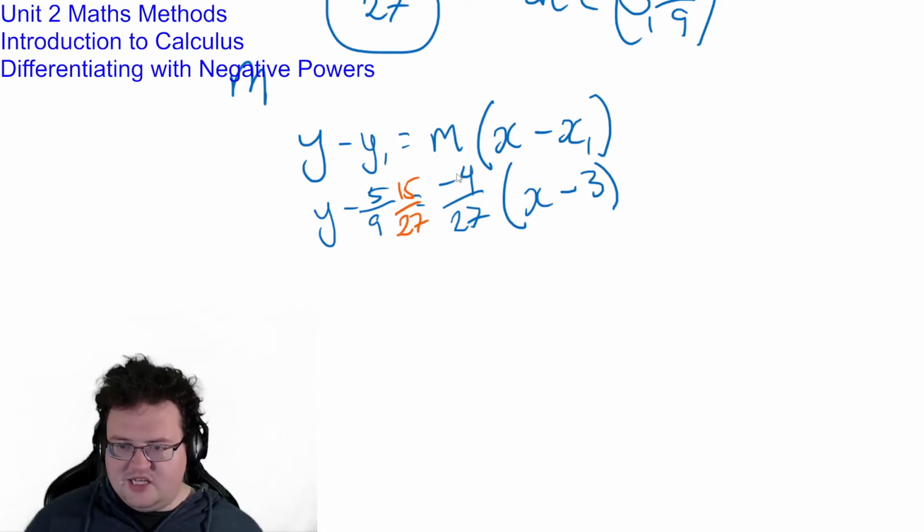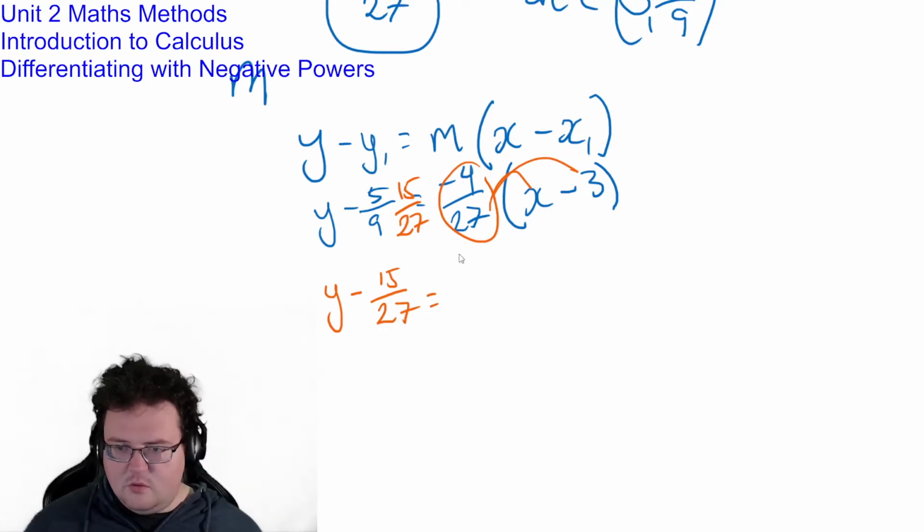I'm now going to expand this into here. So I have y minus 15 over 27 equals minus 4x over 27. Minus times a minus is a plus.